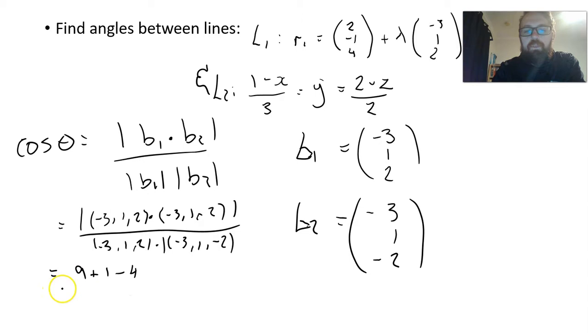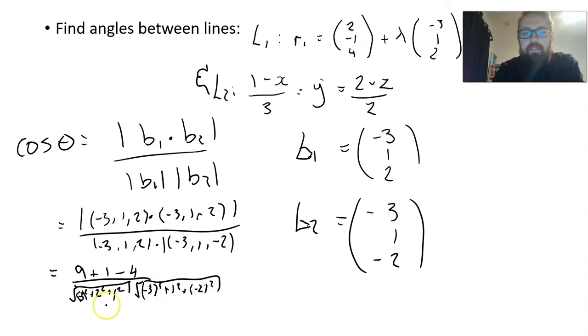And we're going to divide that by the length of this one, which is the square root of -3 squared plus 1 squared plus 2 squared. And the other one is going to be the square root of -3 squared plus 1 squared plus -2 squared.